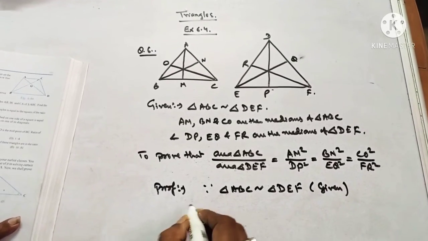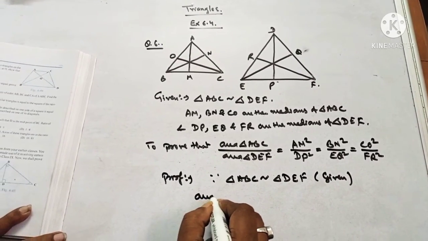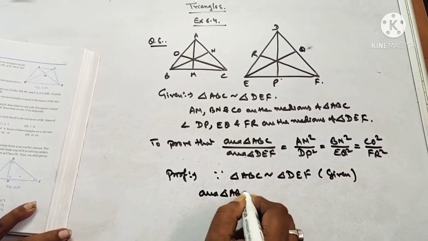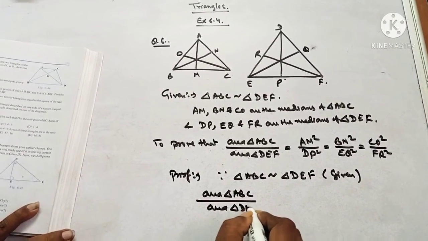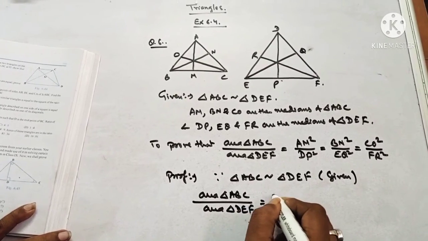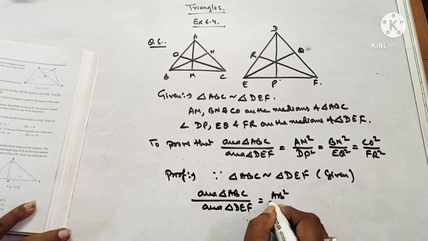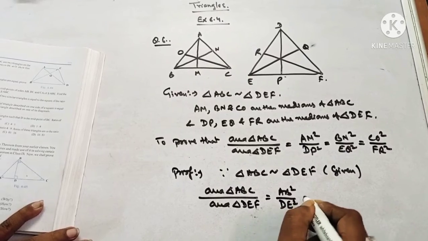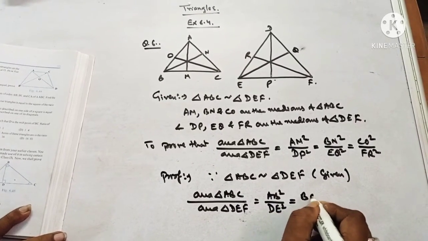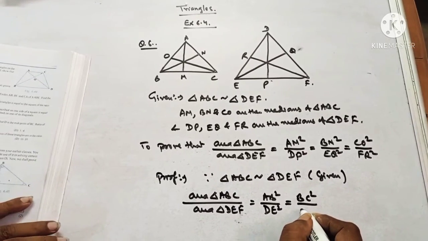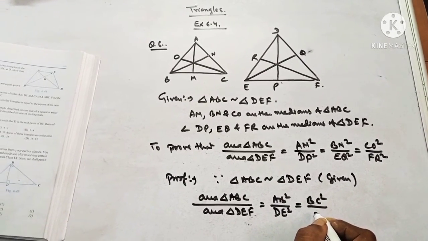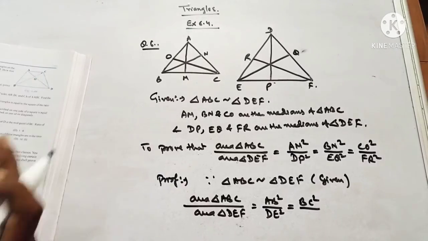So from theorem 6.6, area triangle ABC by area triangle DEF will be equal to AB square by DE square is equal to BC square by... oh yeah, not this.